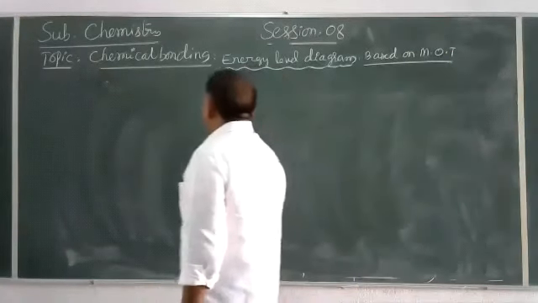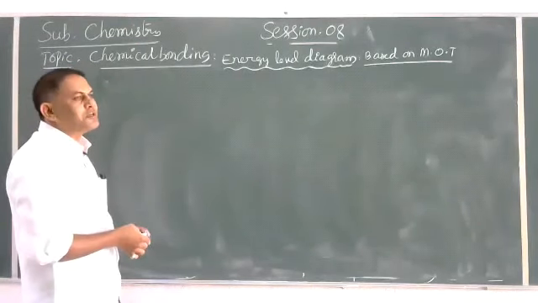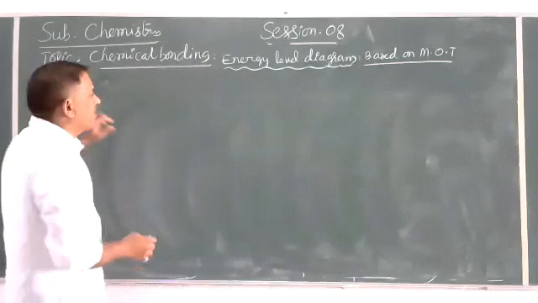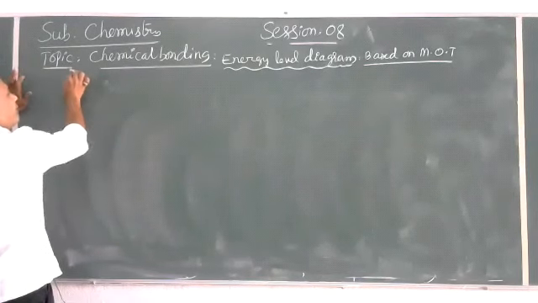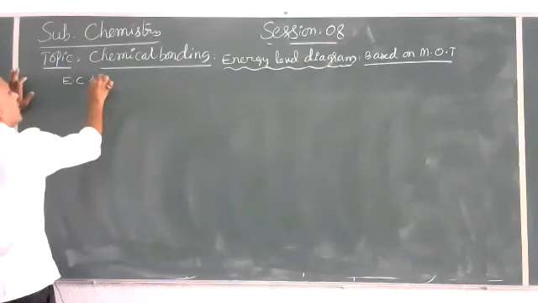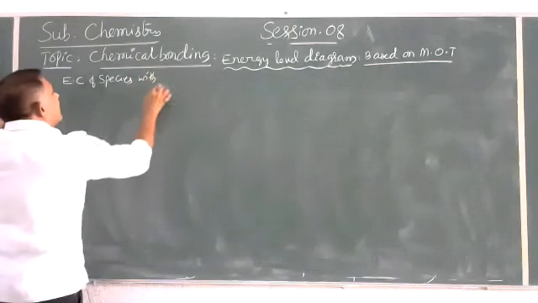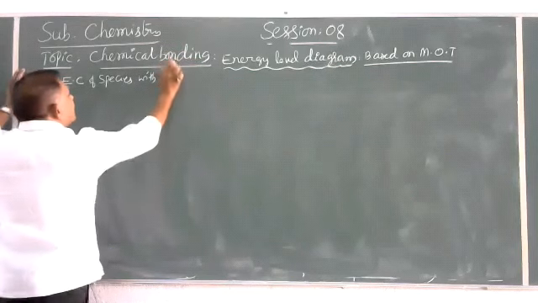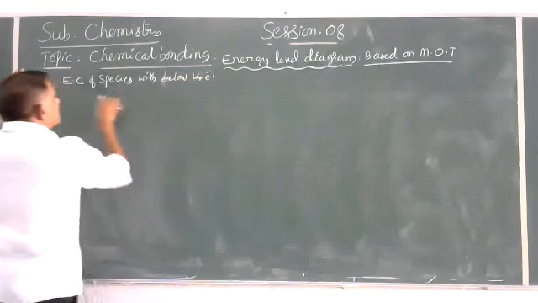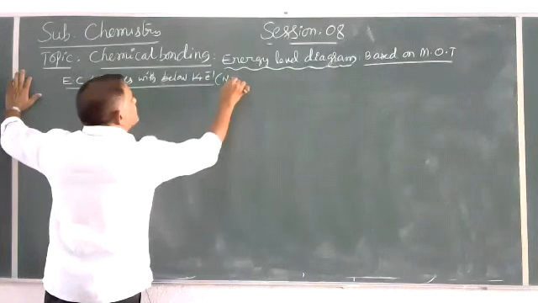Energy level diagram for homodiatomic molecules or heterodiatomic molecules or any other molecule or species on the basis of MOT, molecular orbital theory. Now first I'll give the electronic configuration of species with up to 14 electrons, that means atomic number up to 7, that is nitrogen.